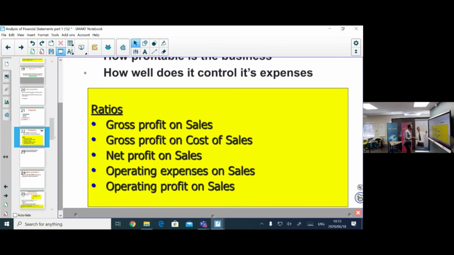We'll go through this, we'll make examples. So for now, just know this theory: operating expenses on sales, operating profit on sales. I'll make sure that tomorrow, when we do this, we'll just collect examples from this textbook.